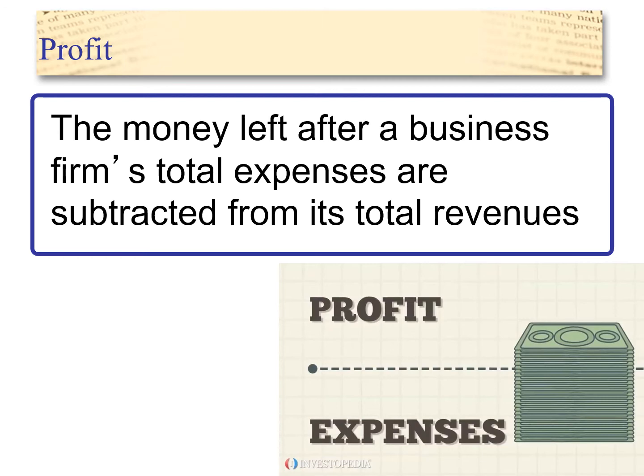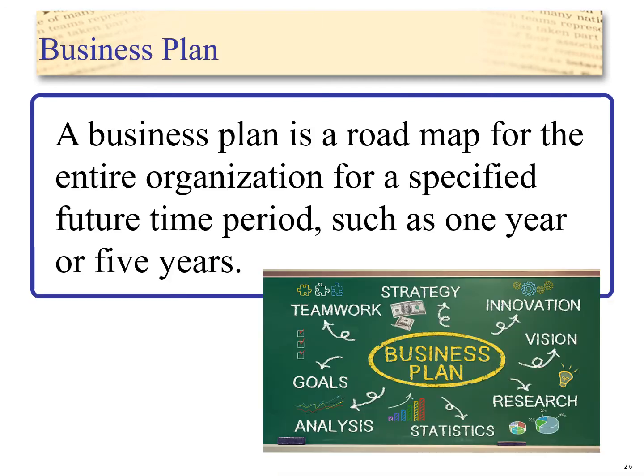Now your profit is going to be how much did that one item cost you. So let's say it cost you $5, so your profit becomes 12 minus 5, $7. So it's the money left after a business firm's total expenses are subtracted from its total revenue. We don't do it per item, we just do it for the entire items that we are selling.